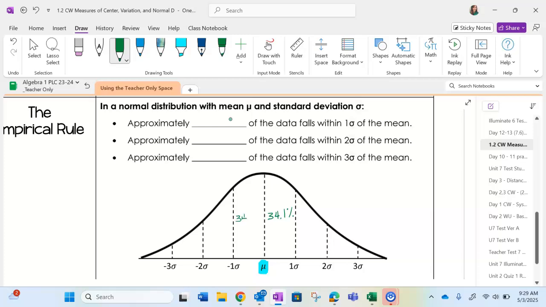This is the same on both sides, because both sides is 1 standard deviation from the mean.